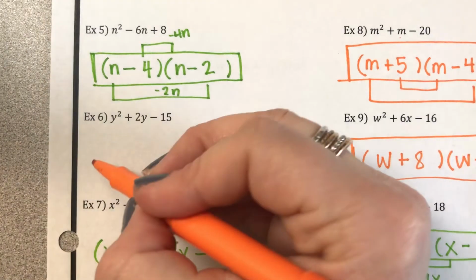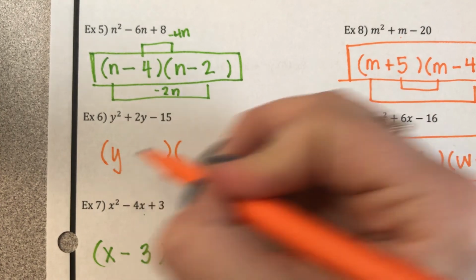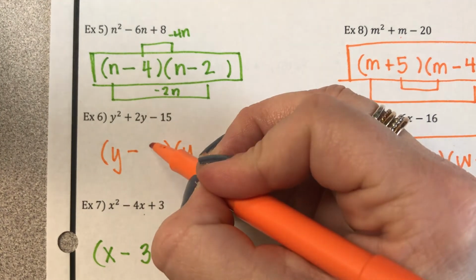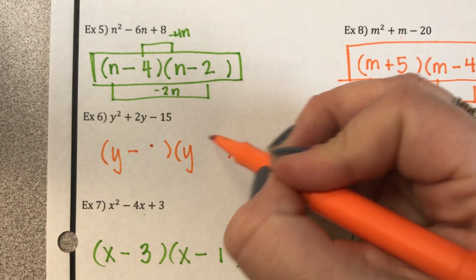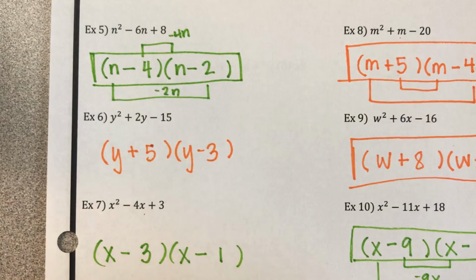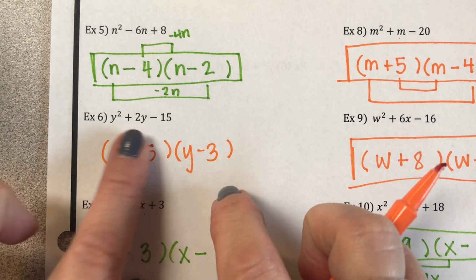And this last one, number 6, y and y. If I'm trying to make negative 15, I can do plus 5 and minus 3, because negative 3 plus 5 is positive 2y.